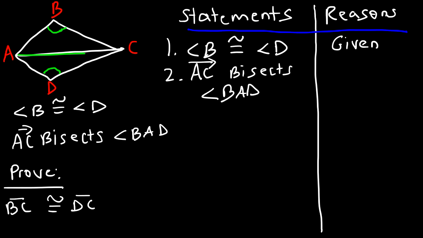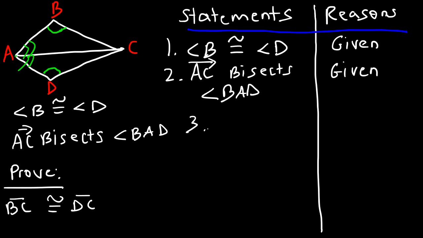So this is ray AC. It emanates away from point A. And so it bisects angle BAD into two congruent angles, which means angle BAC is congruent to angle DAC. So number 2, this is a given.